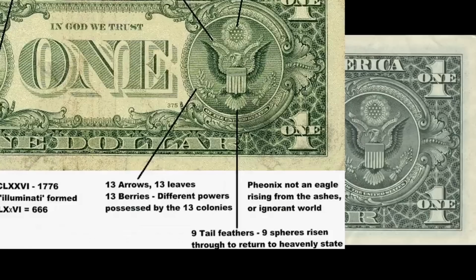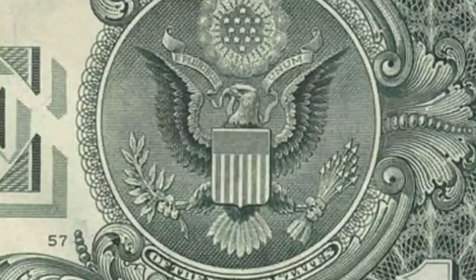Now, the olive branch is supposed to represent peace, and the berries are supposed to be the fruit of that peace. On the right-hand side, we have 13 arrows, which is supposed to represent our military might and ability to defend ourselves. But notice that the eagle or the phoenix claws are clenched. Whenever the claws are open, something's given.